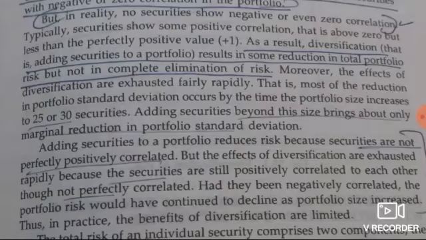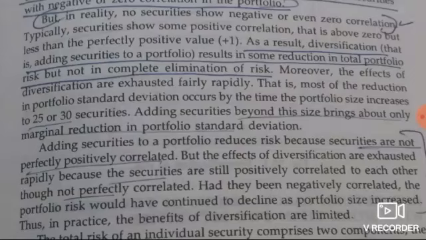After reaching a certain level, the portfolio risk will continue to be stagnant at that level. It will not decrease further. Most of the reduction in the portfolio standard deviation occurs by the time the portfolio size increases to 25 or 30 securities.